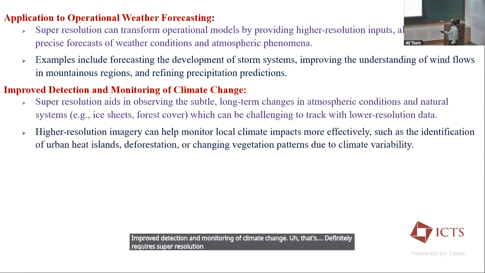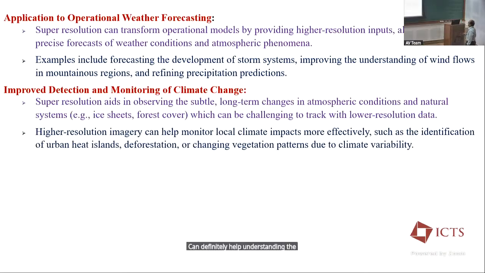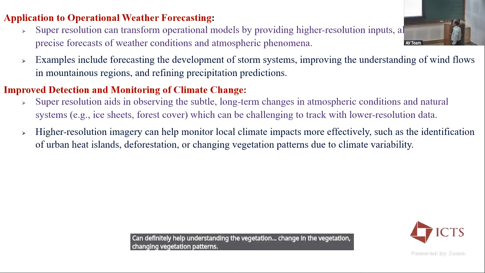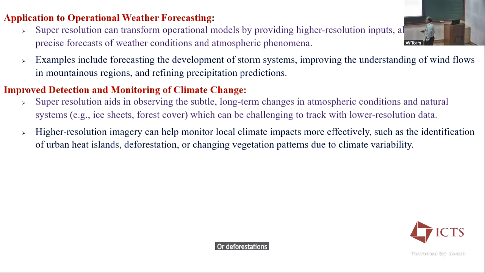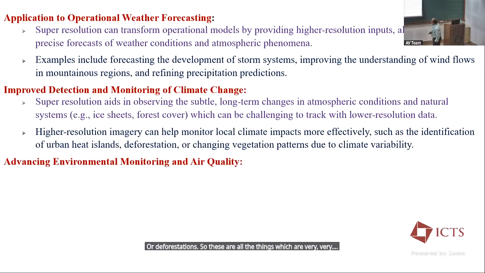High resolution imagery can definitely help in understanding vegetation, changing vegetation patterns or deforestation. These are very important applications. Yesterday we saw advances in air quality monitoring.